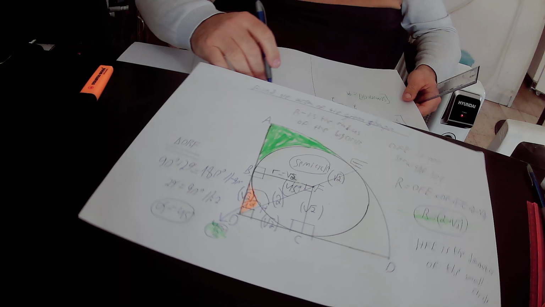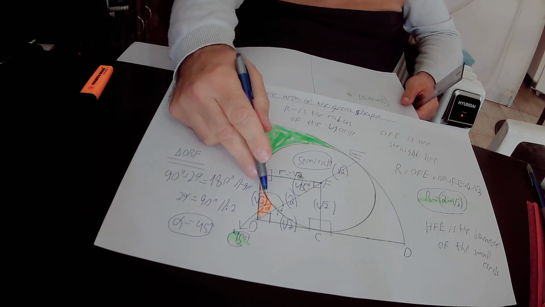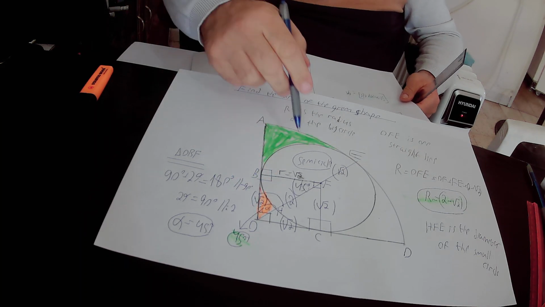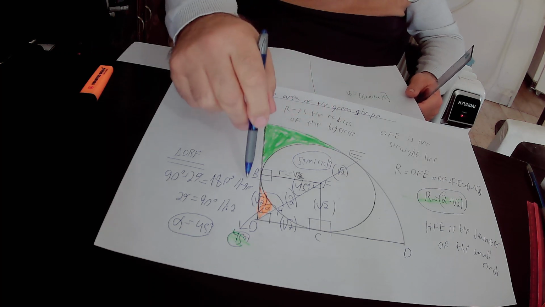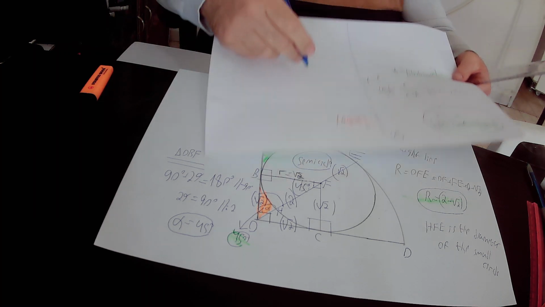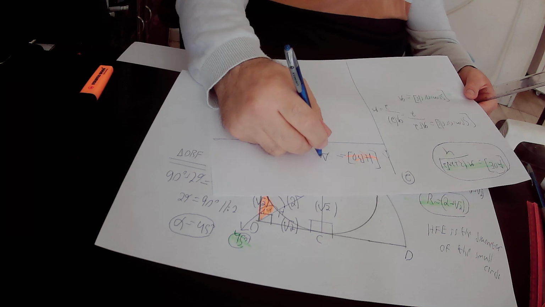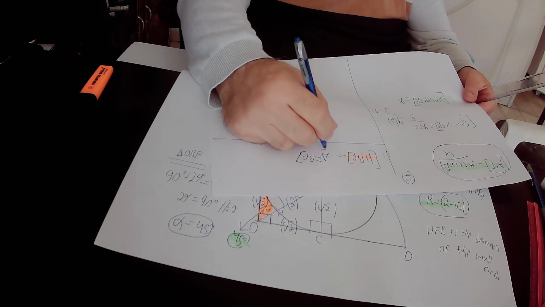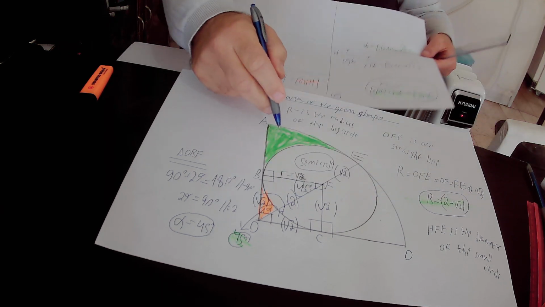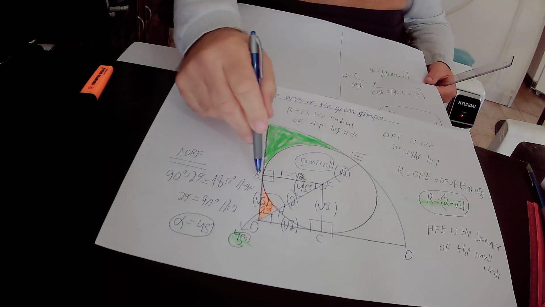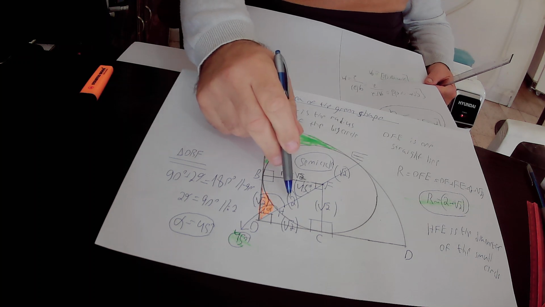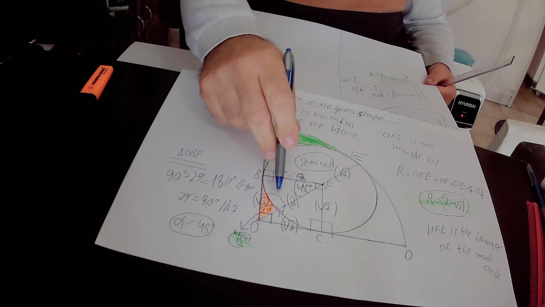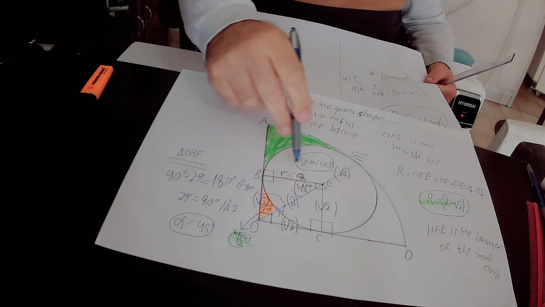From the drawing, it is very easy to see that the area of this orange shape HBO is equal to the area of the right triangle FBO minus the area of this small sector FBH, that is part of the small circle.